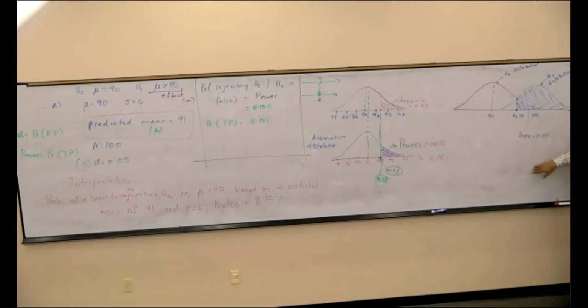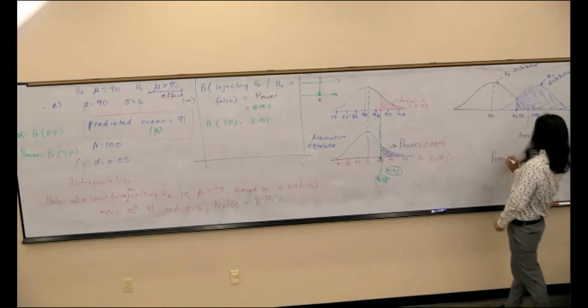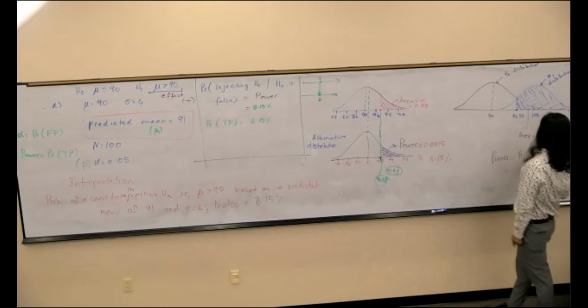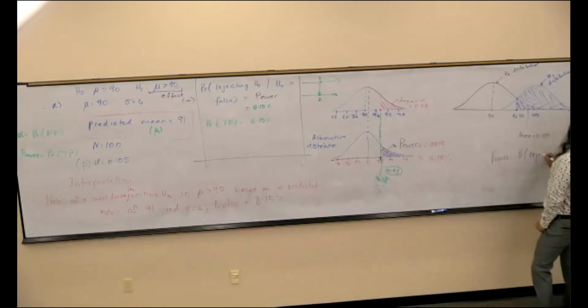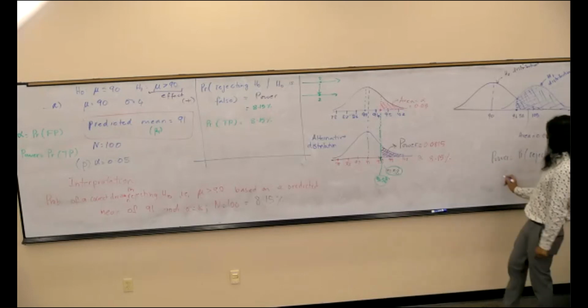So if we made a true positive, what are the chances that we are making an incorrect decision? That's what you're computing. What did we get? 0.9823. So here, power is the probability of rejecting the null when null is false. In other words, we're looking at the alternative.